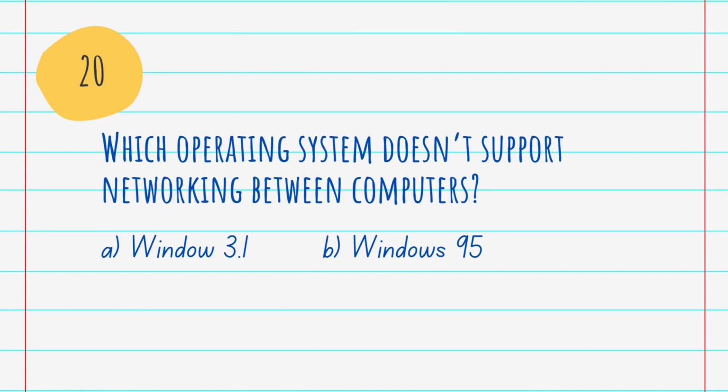Okay. The next question is, which operating system doesn't support networking between computers? A. Windows 3.1, B. Windows 95, and the answer is A. Windows 3.1. The Windows 3.1 operating system doesn't support networking between computers. Windows 3.0 is the GUI-based operating system from Microsoft that made personal computers easier and more fun to use.